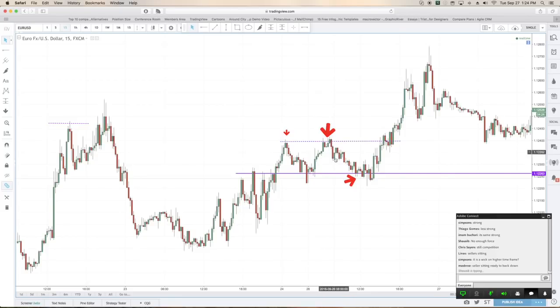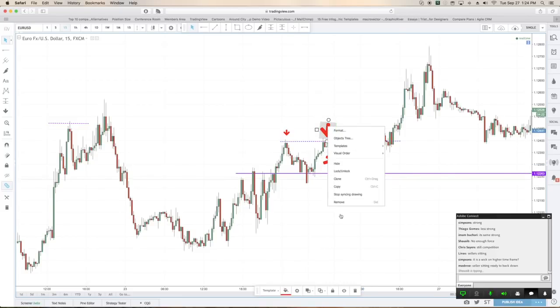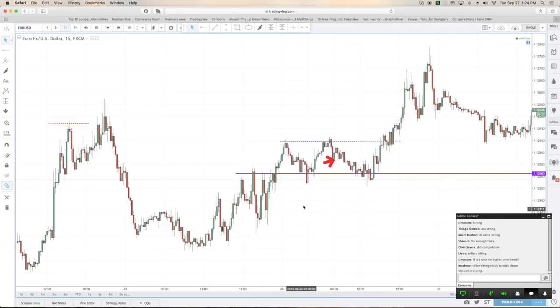So here's a sell. We're going to go through it piece by piece. Look at it very carefully. Here's the first seller, and then the green candles come in to retrace. How much retracement? 50%. Okay. Then the next sellers come in. How much retracement? 70%. Okay. Is 70% 100%?